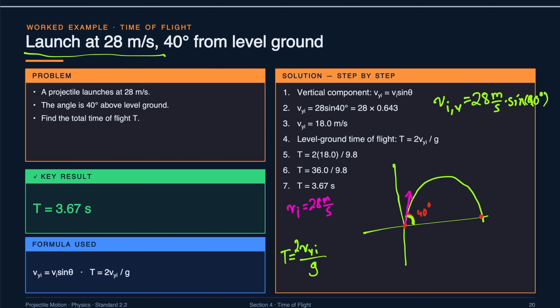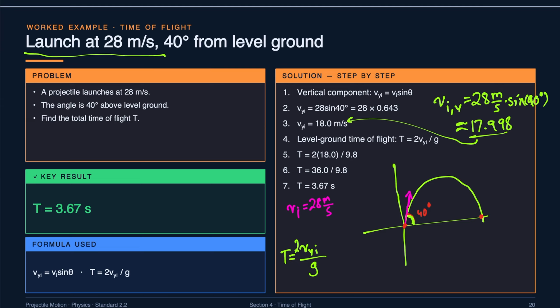So yeah, you don't want to mix up your angles like I almost did there. And then if you put it in your calculator, 28 times sine of 40, make sure you're in degree mode, gives you approximately 17.998, which you could round up to 18 meters per second.